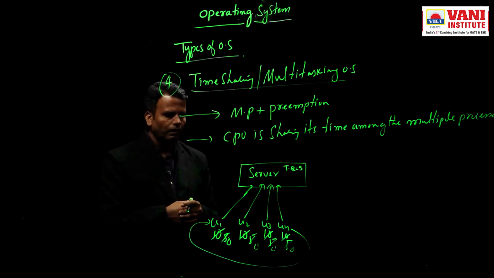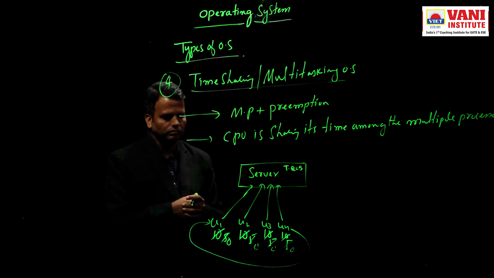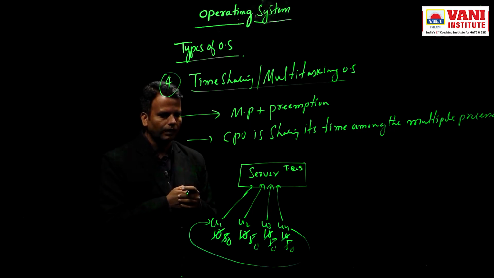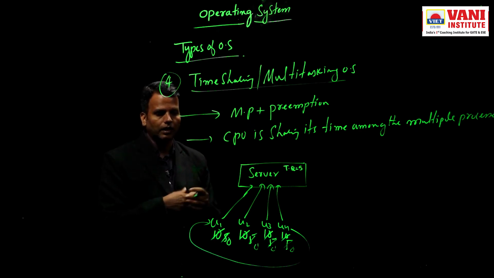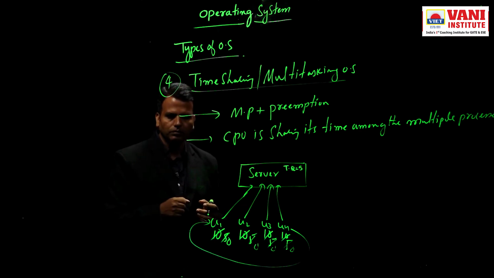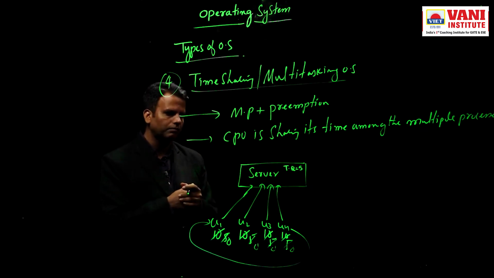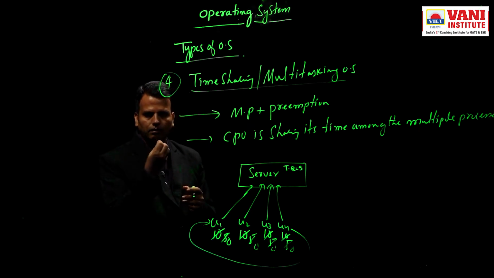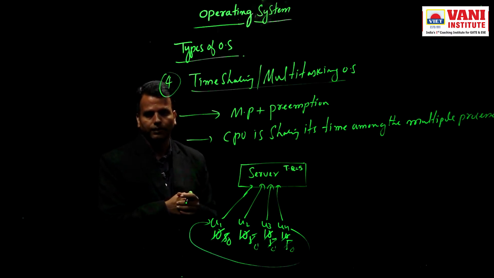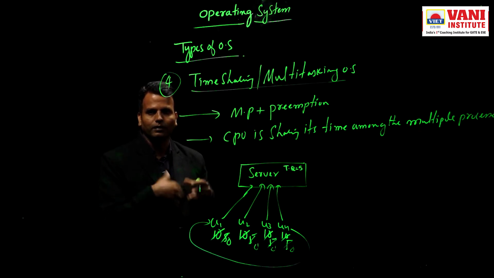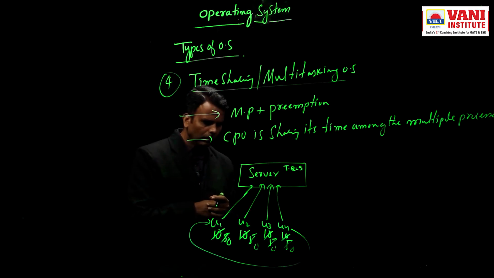If I am using first come first serve on that server, one fine morning you went to book a railway ticket, and you submitted the request for the ticket, and he asked you to transfer money also, and after transferring money he gave you a token number, your number is 5, then you will feel very happy because you know that after 4 others you will get served. But how many chances are there that you will get an early token number every time? Very few. It is next to nil.